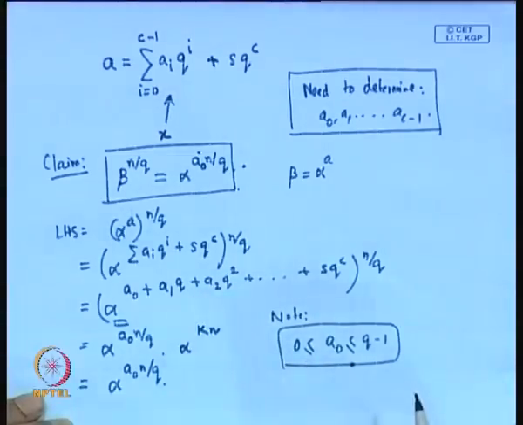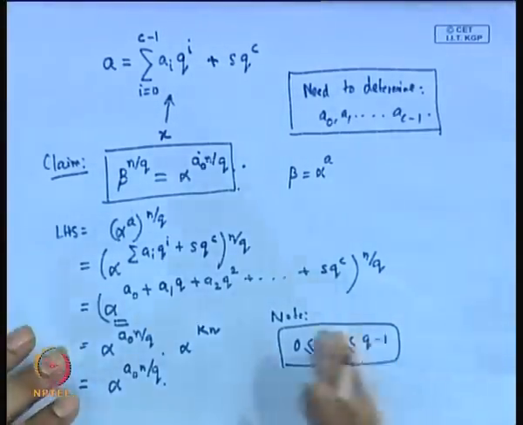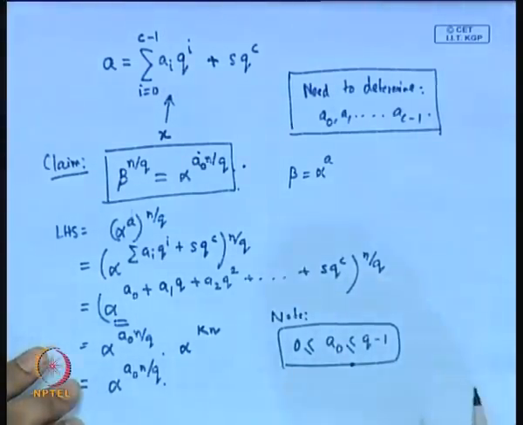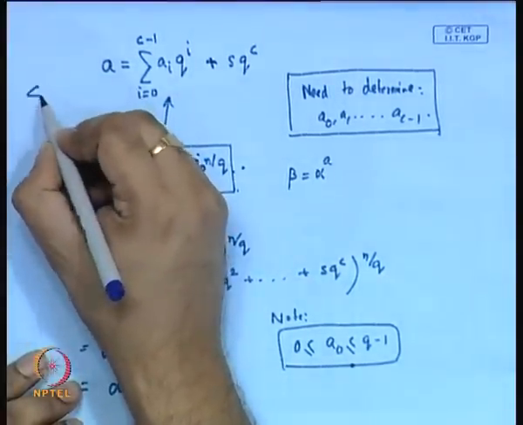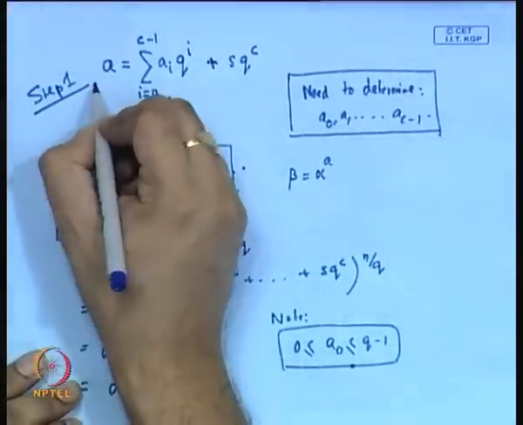If the value of C that you have got is equal to 1, then it is done, because you do not have any other A values. But if your C value is higher than that, then you need to compute A1, A2 and so on till A(C minus 1). So this is your step 1, which computes the value of A0.